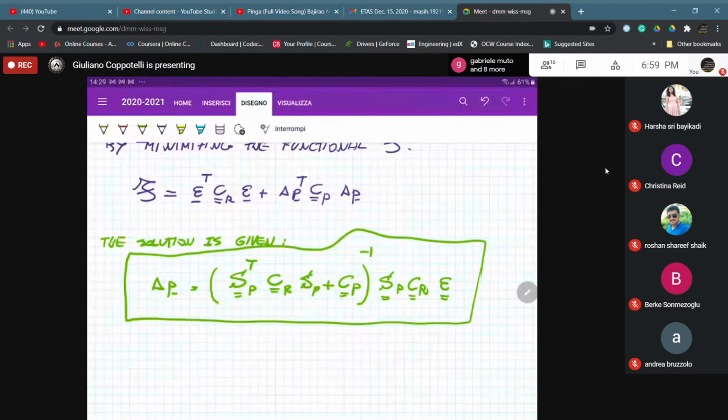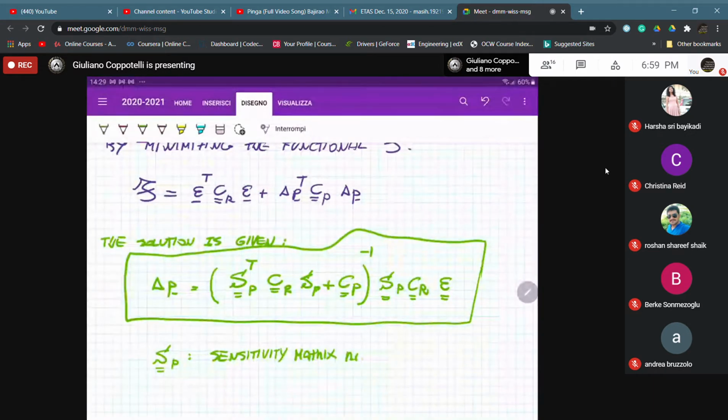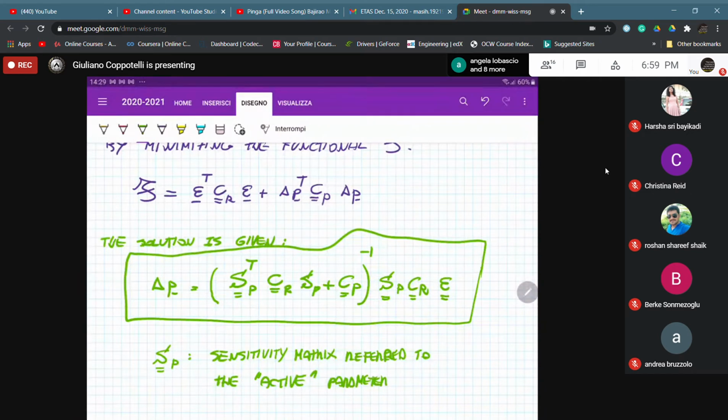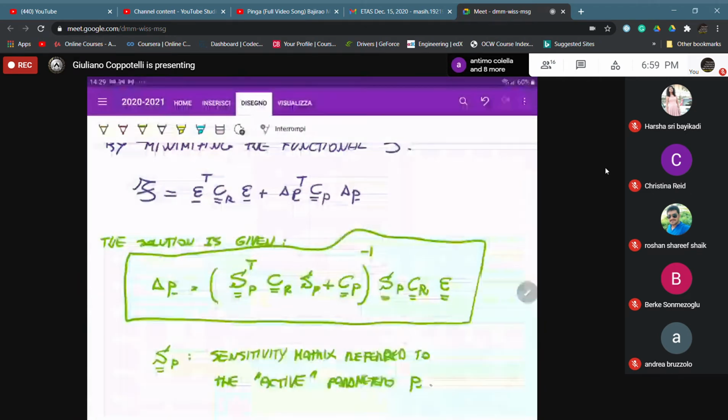Please note that S_P is the sensitivity matrix referring to the active parameters P_i.